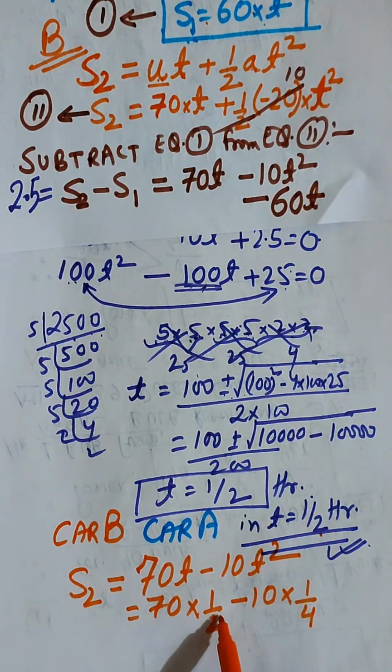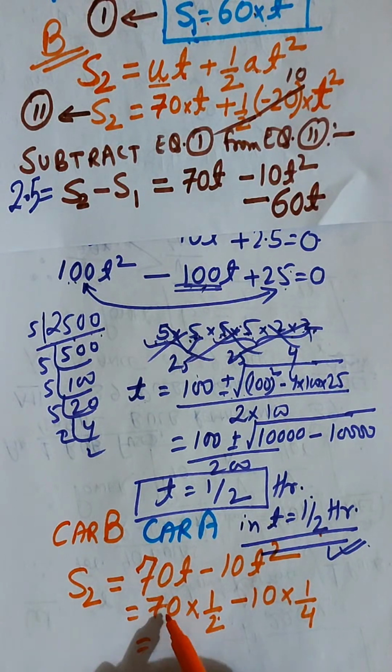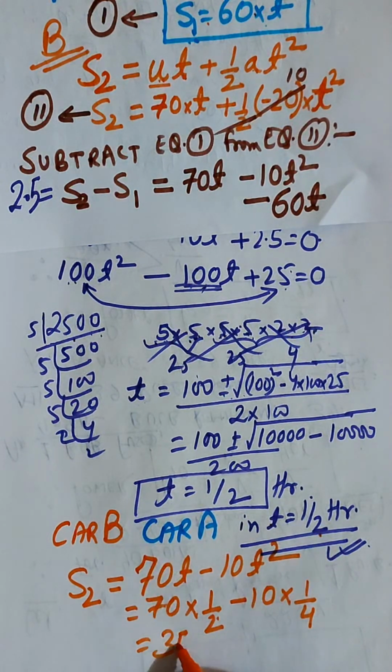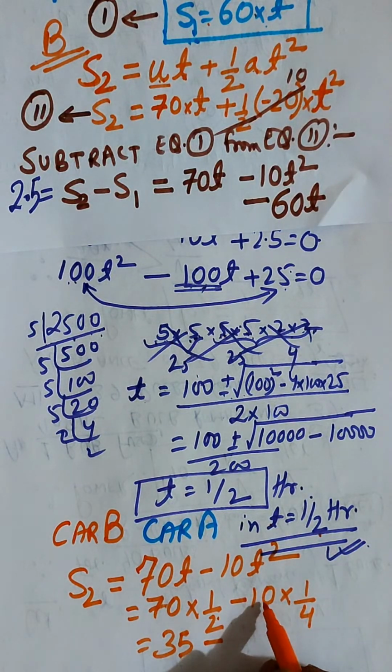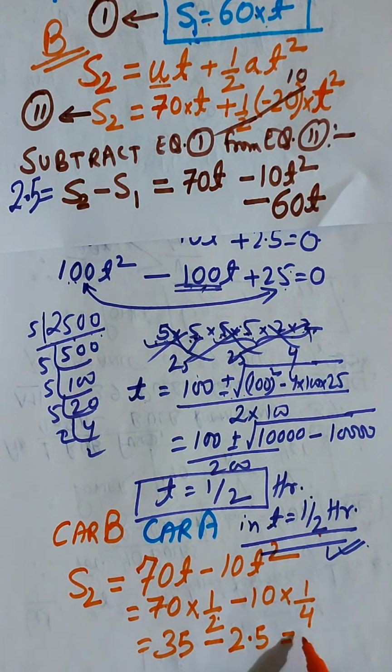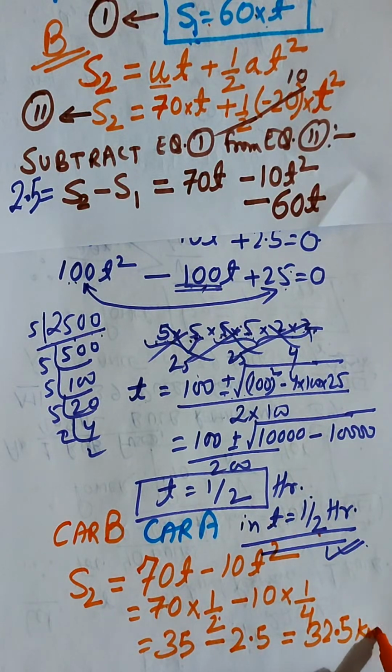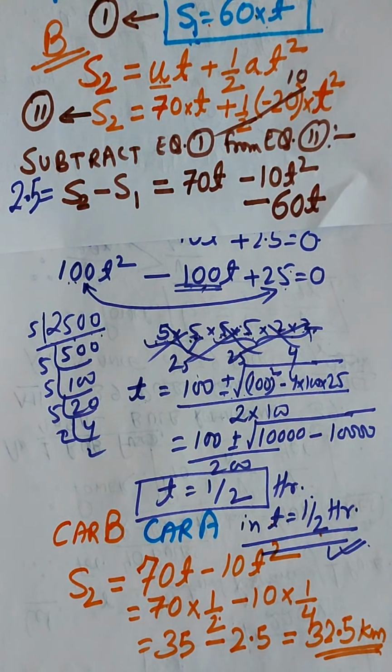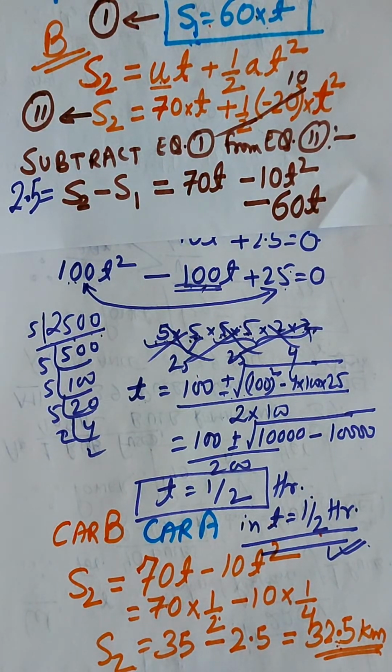Now 70 will be cut and this will come as 35, right? Minus 10 divided by 4 will be 2.5, right? So this will give you 32.5 kilometer. So the distance of car B was S2, which is equal to 32.5 kilometer.